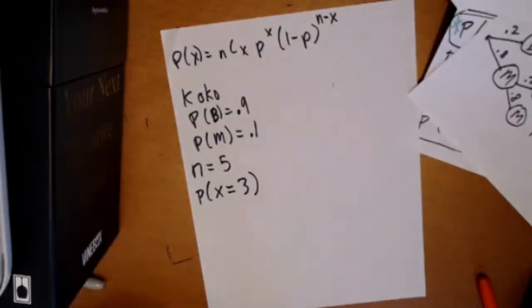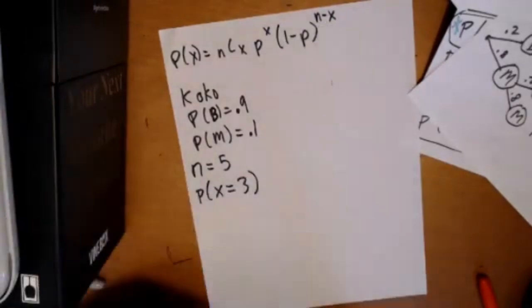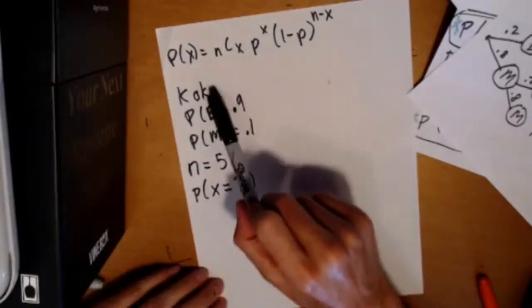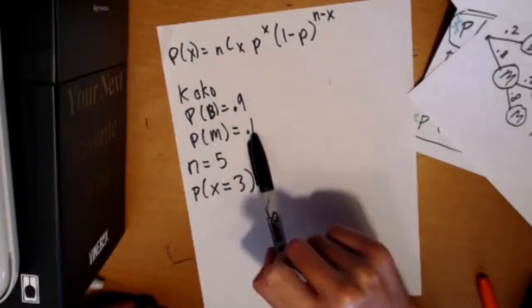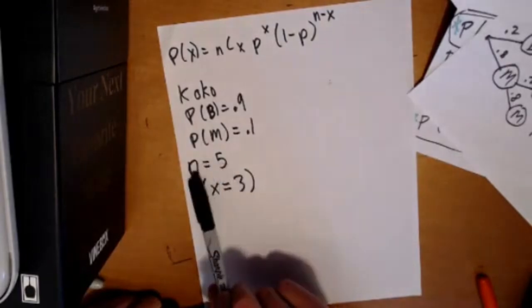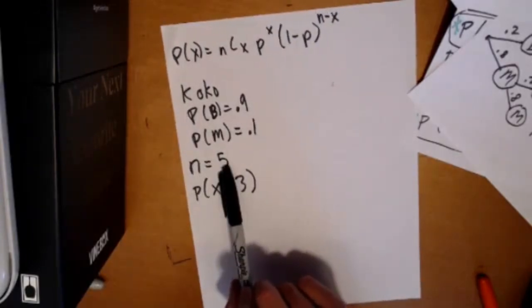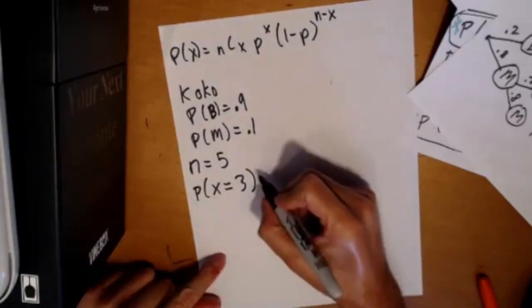Okay, so let's see if this makes sense. We're going to use the formula, and then we'll use the calculator. The probability that Coco makes a basket is 0.9. Probability of missing, therefore, is 0.1. They have to add up to 1. So if Coco attempts n equal 5 shots, what's the probability that Coco will make exactly 3?